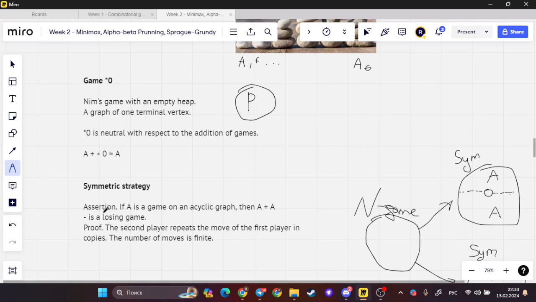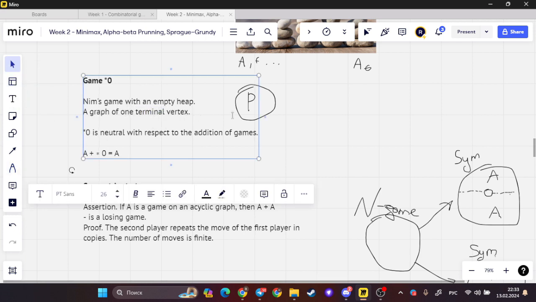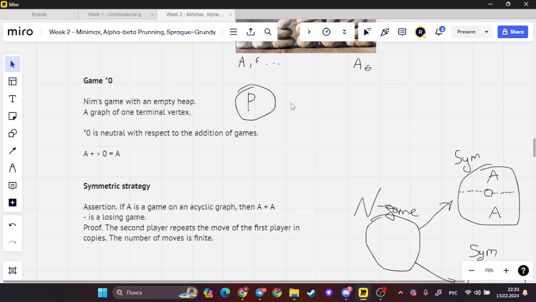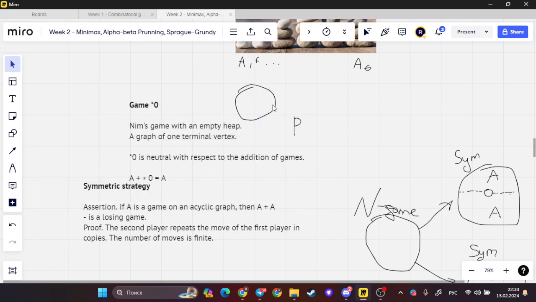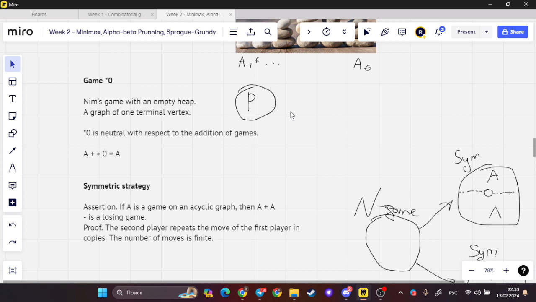Okay, we define the neutral element in this theory. It will be just a graph of one terminal vertex, from our previous definitions.